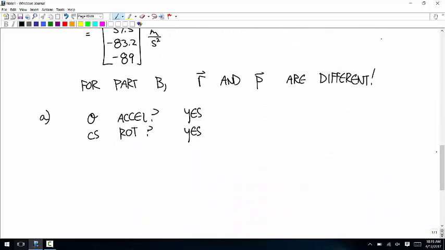So, relative motion. We're going to have to use the acceleration of P relative to the ground, which is what we want, is the acceleration of P relative to A plus the acceleration of A relative to the ground.